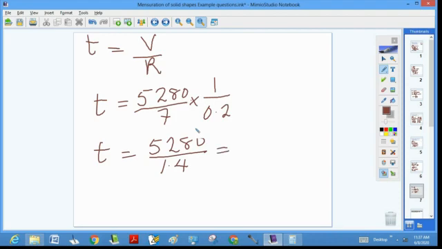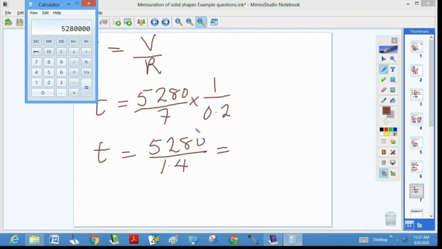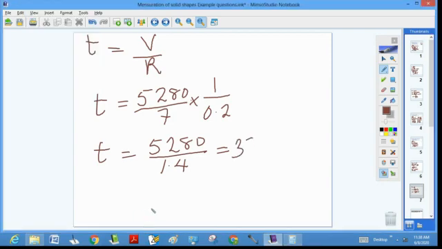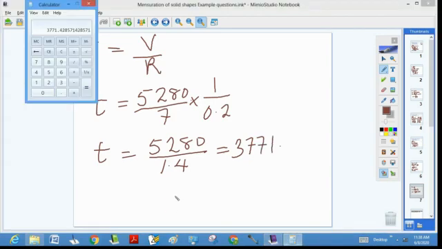With our calculator, 5,280 divided by 1.4 is around 3,771 point, some fractions, let's say 43.